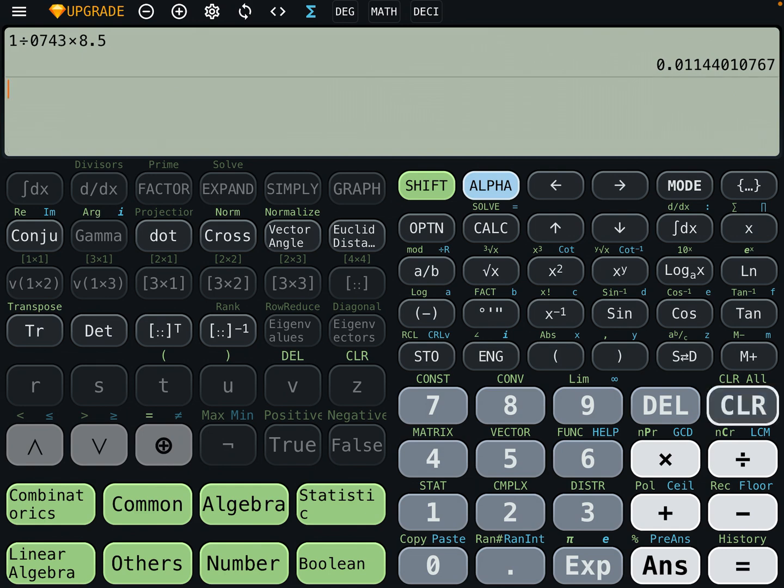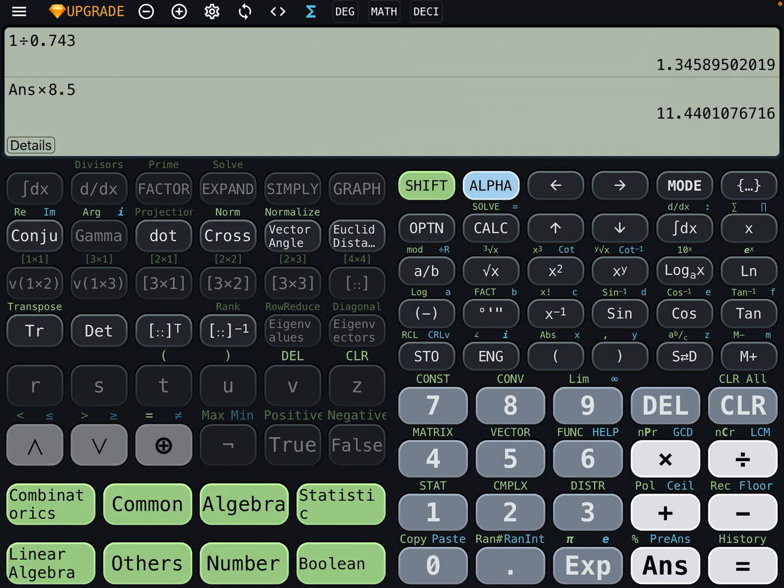Oh, it looks like this calculator doesn't do that, so I'm going to go times, so it's going to take the answer times 8.5.